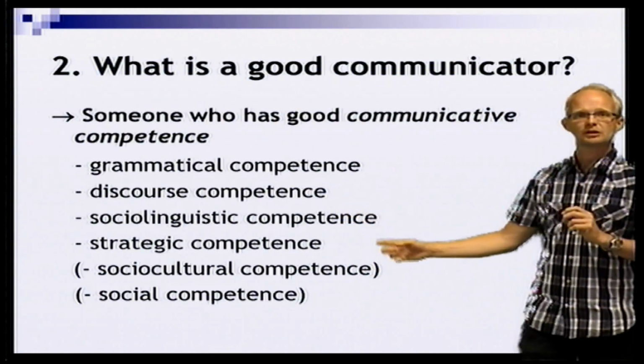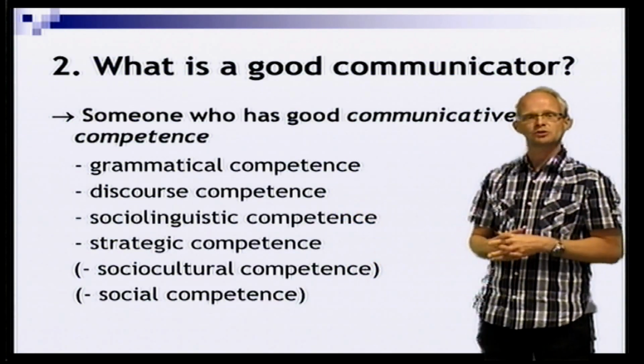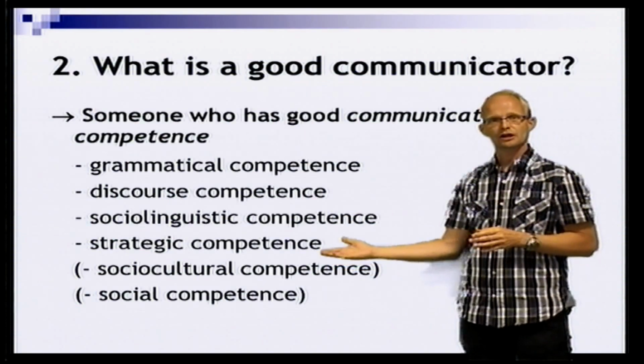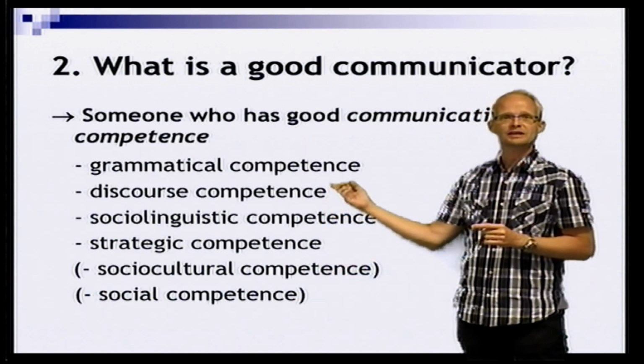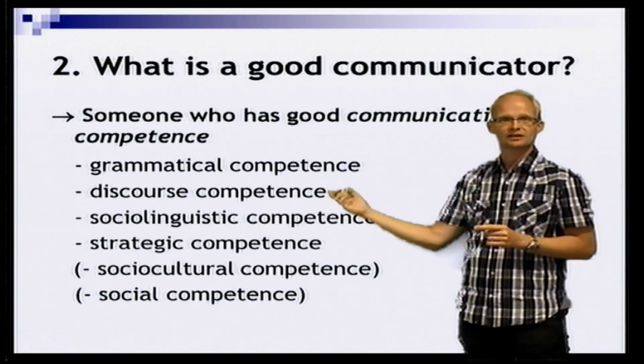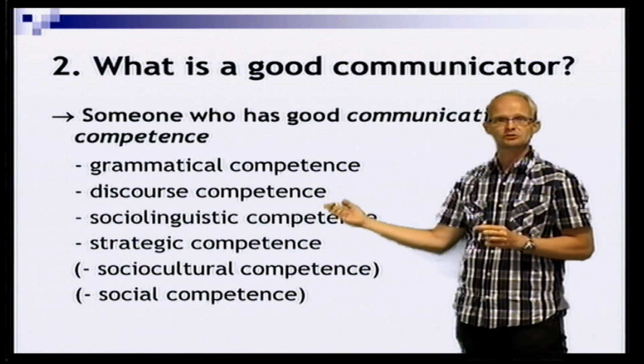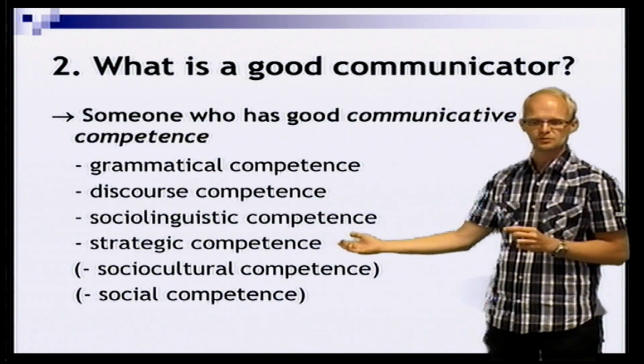The reason why I put the last two in parentheses is that they were not there in the first models that were developed. So Michael Canale and Merrill Swain developed the first four: grammatical competence, discourse competence, sociolinguistic competence, and strategic competence.